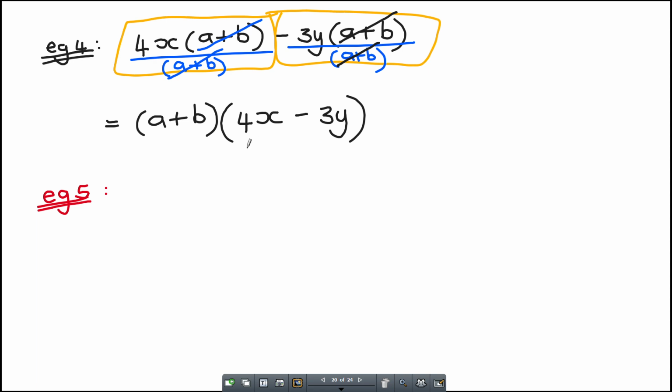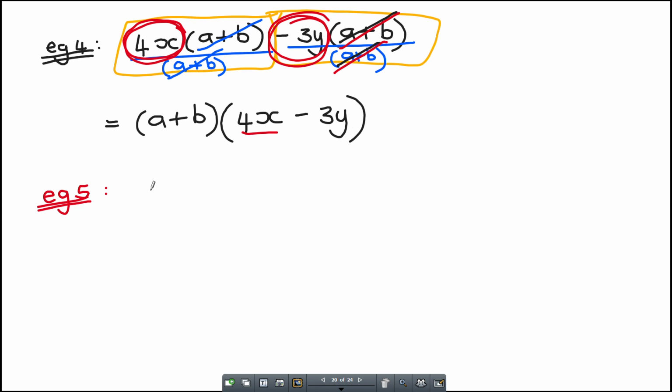So we put it over our common factor every time. Then that bracket will cancel out with this one, so what's left here is just the 4x. And then the second term, also put it over the bracket of a plus b. These two cancel out. So what's left? Minus 3y.